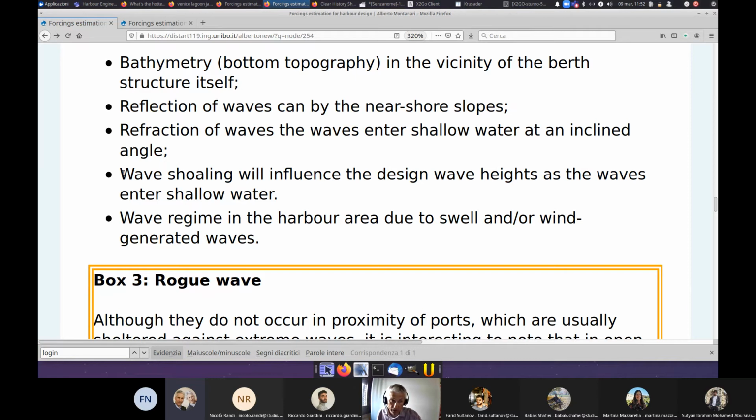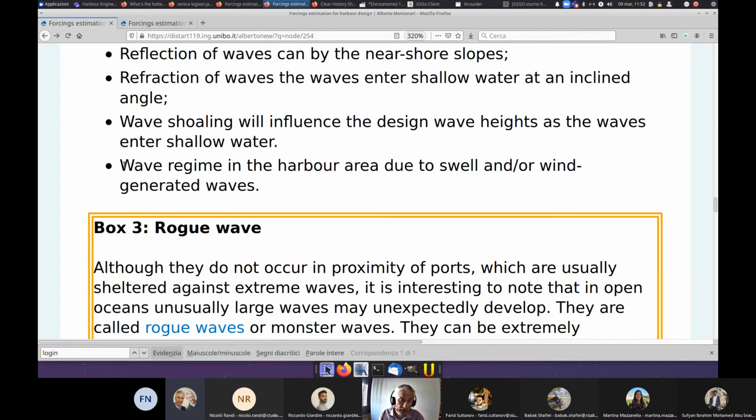These are all phenomena that you know, and therefore I'm not redefining them. And of course, we have to take into account the wave regime, which we monitor through observations. And observations can be collected through several monitoring means, which we discussed in coastal engineering.